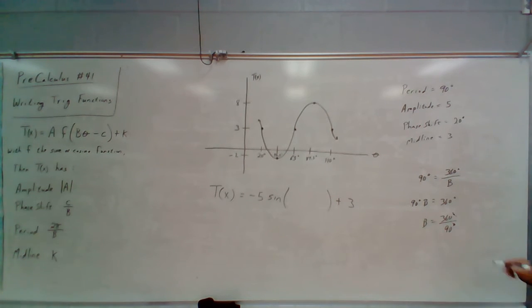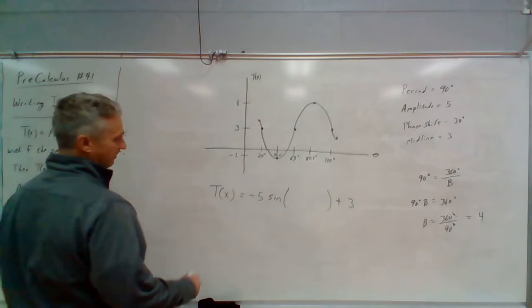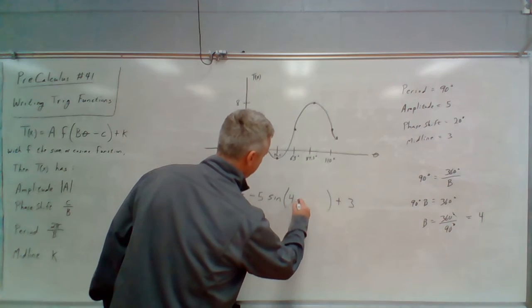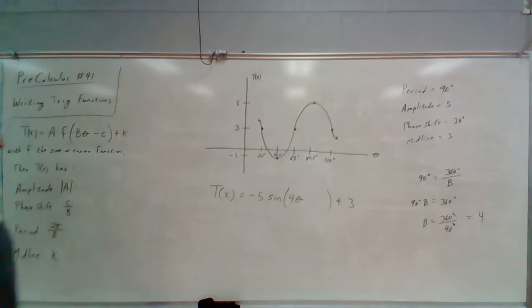My degrees cancel, so this is just a pure number. 360 divided by 90 is 4. So I know my b is 4. So I have 4 times theta.